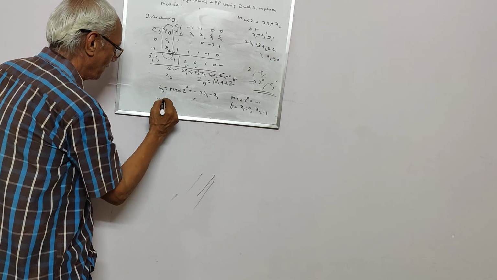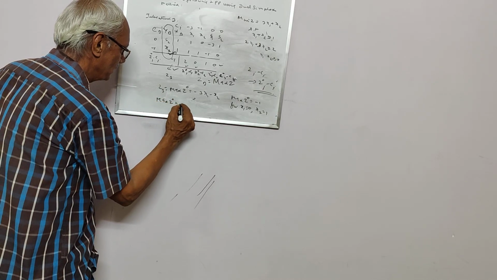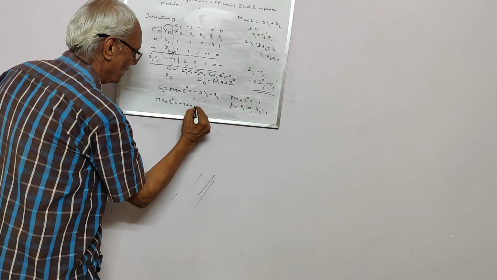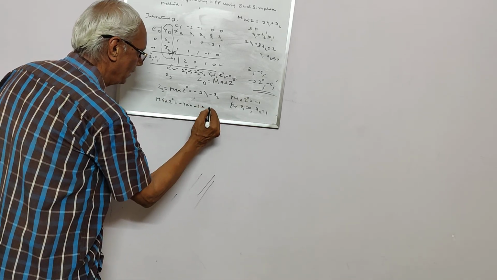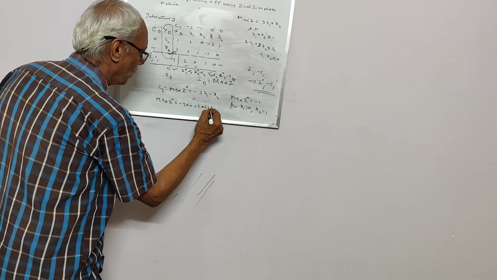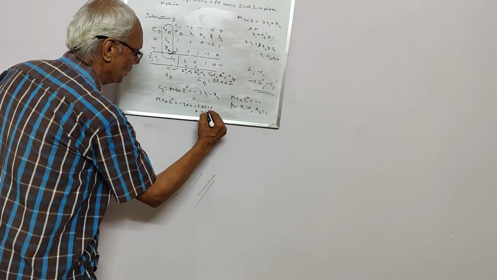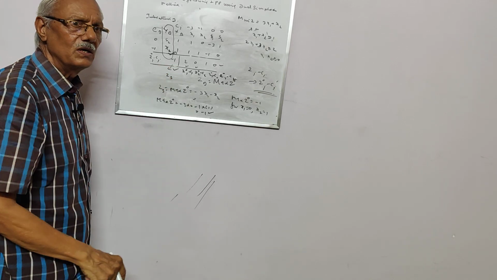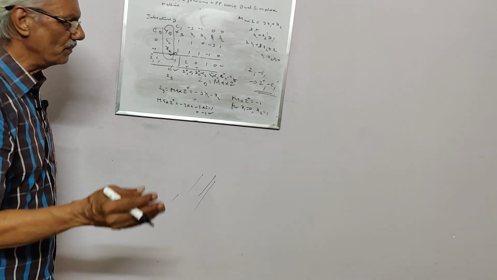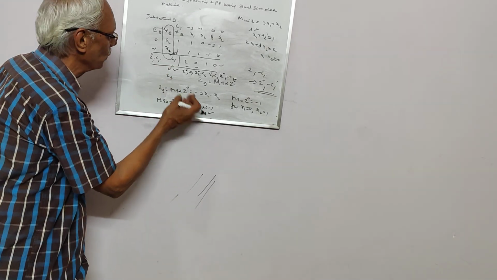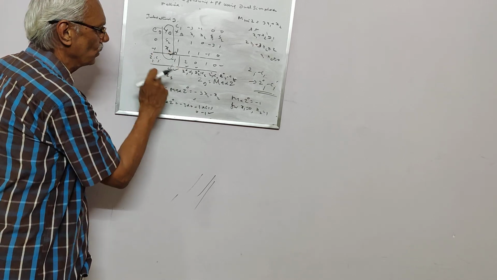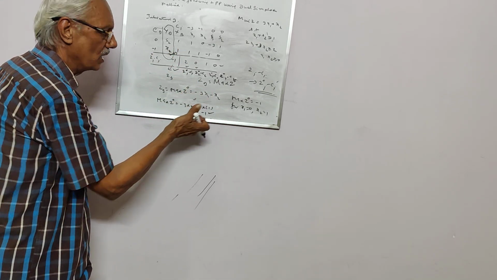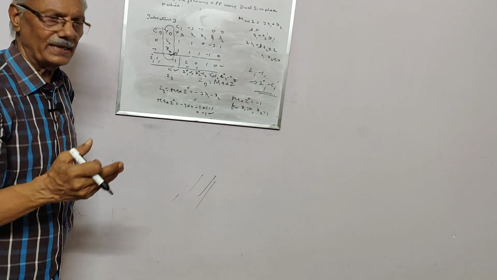That means max of Z0 is equal to minus 3 into 0 minus 1 into 1, that is equal to minus 1. So I have got minus 1 as the Zb value. By the iteration method I have got minus 1, and I have verified it also. If I substitute x1 equal to 0 and x2 equal to 1, I get minus 1. So my problem is correct.